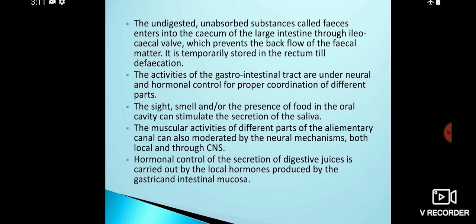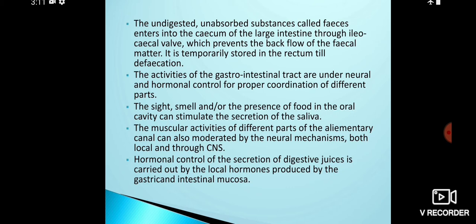So what are those local hormones which help in the control of the secretion of the digestive juices? That is discussed in the hormone chapter, the endocrine lesson. You might have remembered the endocrine cells which are present in the different parts of the gastrointestinal tract. They are going to secrete the peptide hormones like gastrin, secretin, cholecystokinin, and the gastric inhibitory peptide.